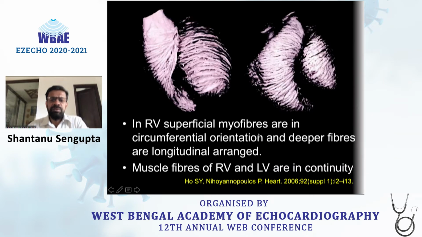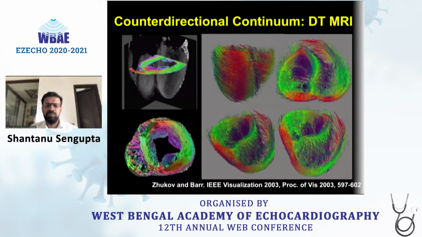The RV superficial fibers are in circumferential orientation and the deeper fibers are in longitudinal orientation. So we have two kinds of fibers, circumferential and longitudinal. And interestingly, the muscle fibers of the RV and LV are in continuity. Why do we need to understand how the RV looks? Advanced imaging gives more information, showing that the RV and LV fibers are continuously arranged.